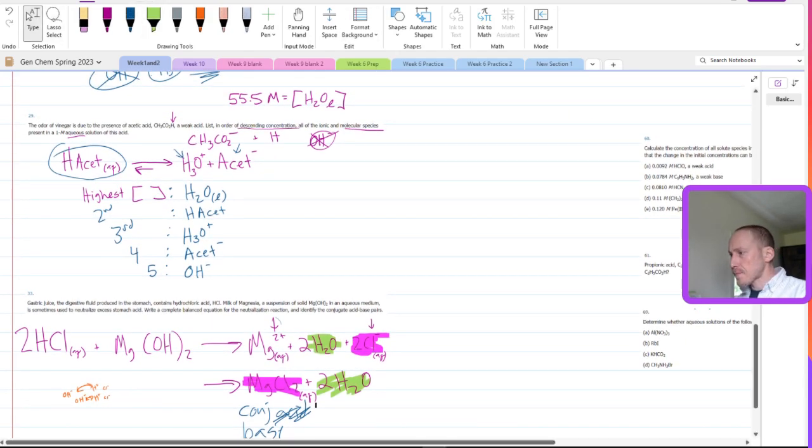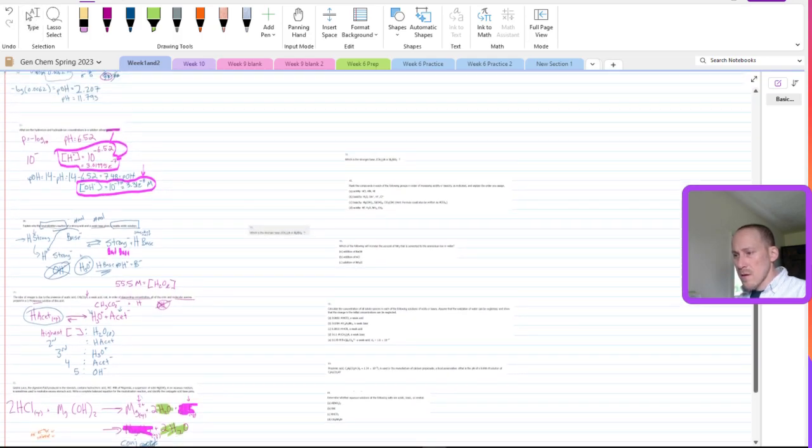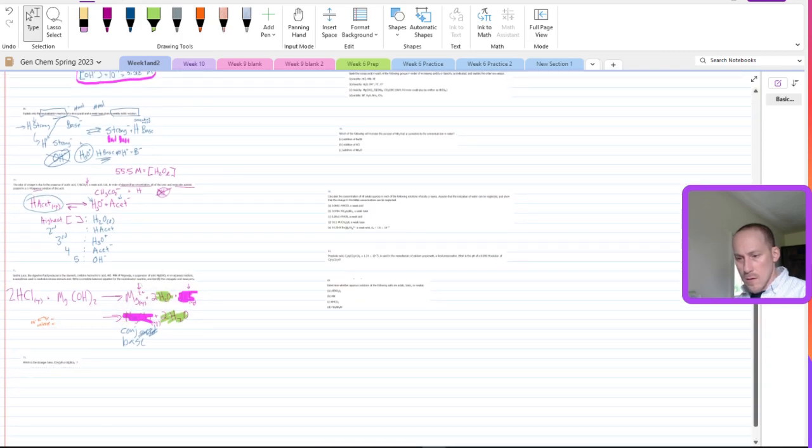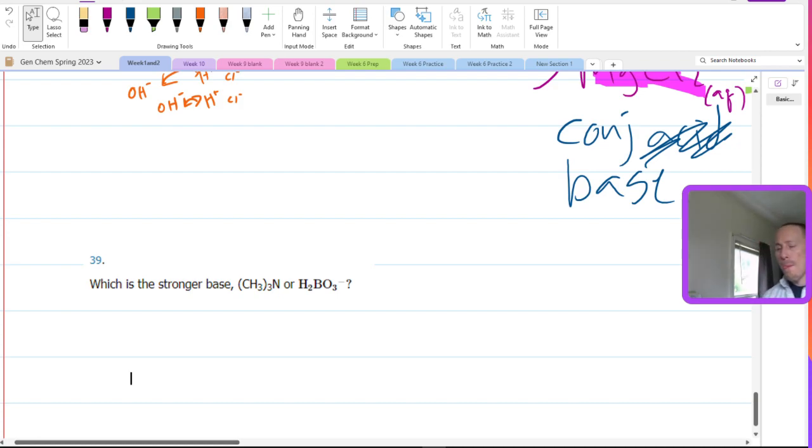And we're getting close. What is the stronger base? What would we call that? We got a nitrogen with methyl, methyl, methyl.